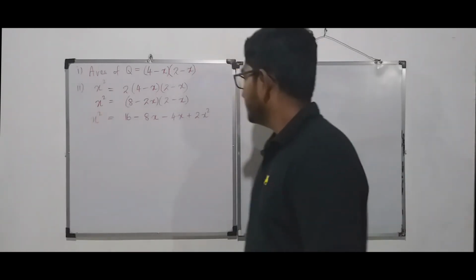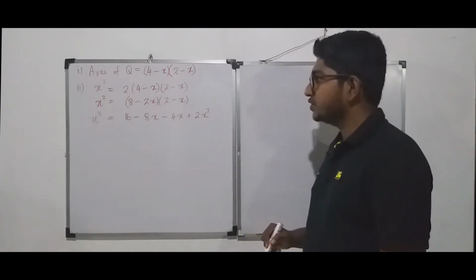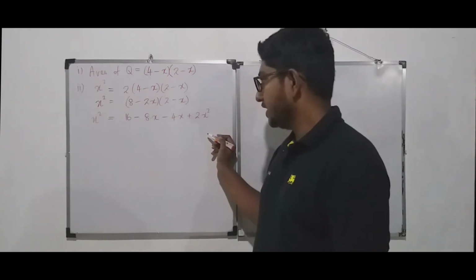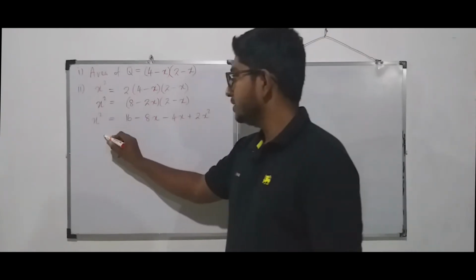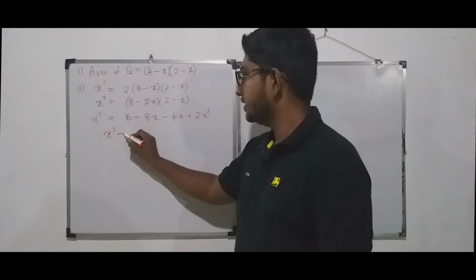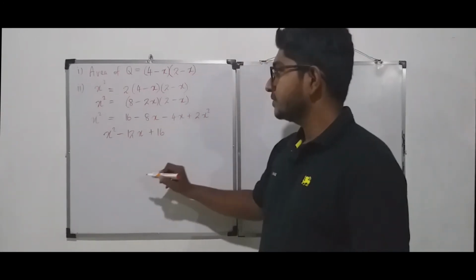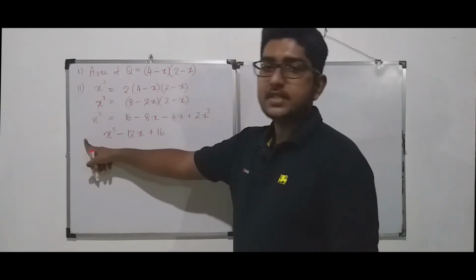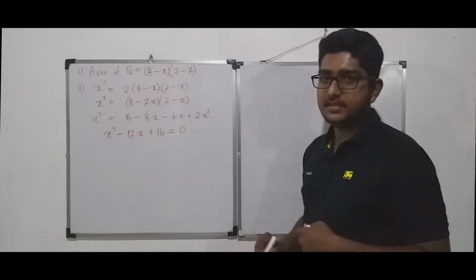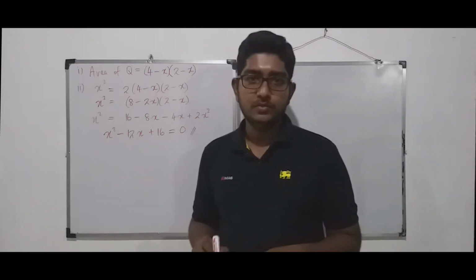And since the coefficient of the x squared term is 2, we will take this x squared to this side. And when we simplify this and this, we get plus x squared on the right hand side. And when we simplify these two like terms, we get minus 12x plus 16. Left hand side becomes 0. Standard way is putting 0 on the right hand side. Now this is the equation they want us to show in Roman number 2.